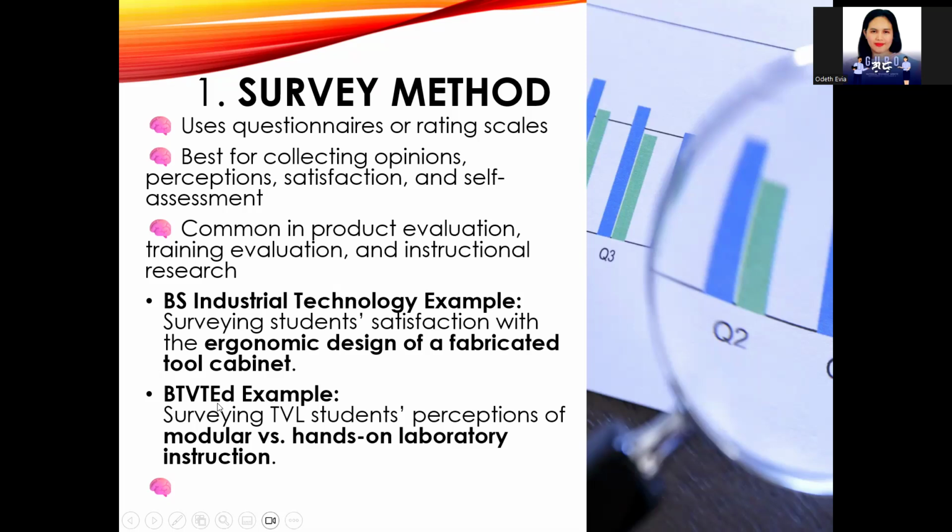Another example is from BTVTED students surveying TVL students' perceptions of modular versus hands-on laboratory instruction. So, as I have said, survey uses a minimum of 10 or more survey questionnaires with rating scales with equivalent descriptions. As I have said before, it uses the common Likert scale using 5, 4, 3, 2, 1 with corresponding descriptions.